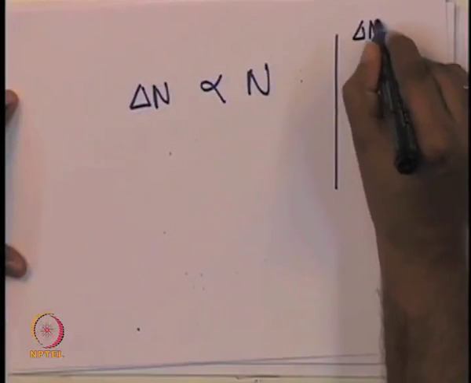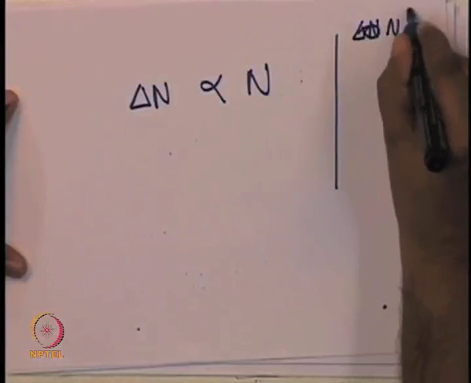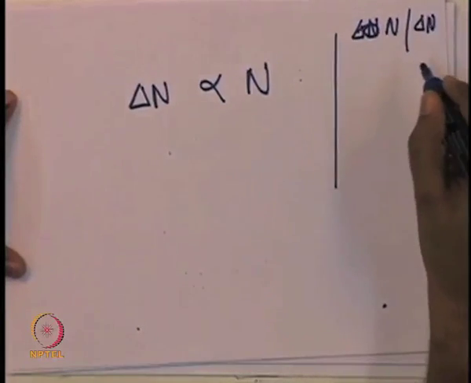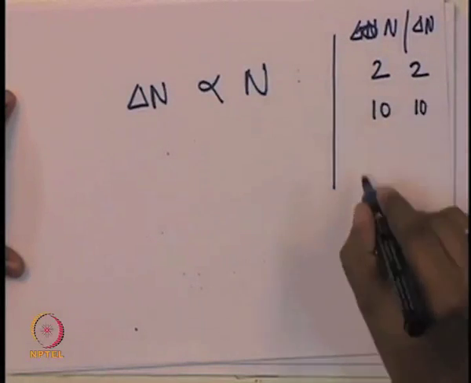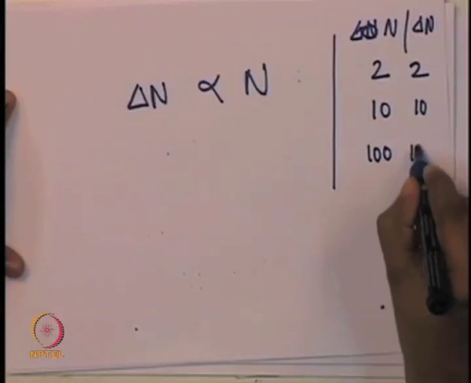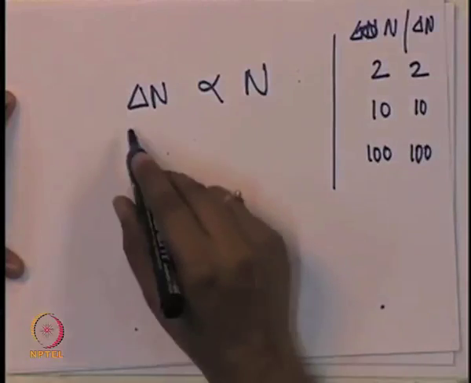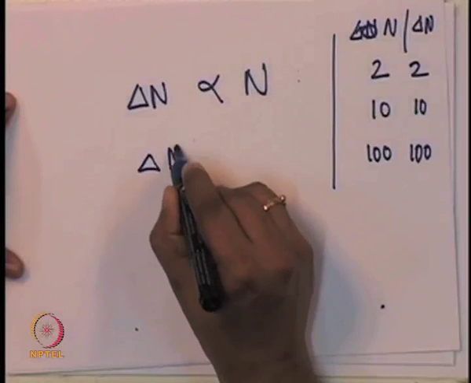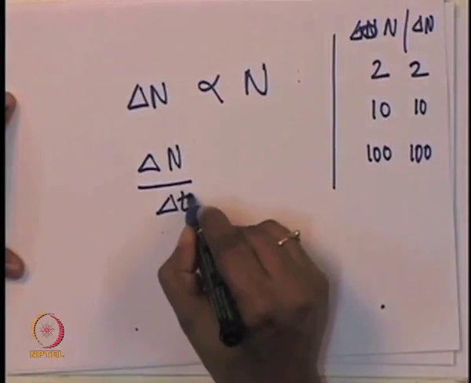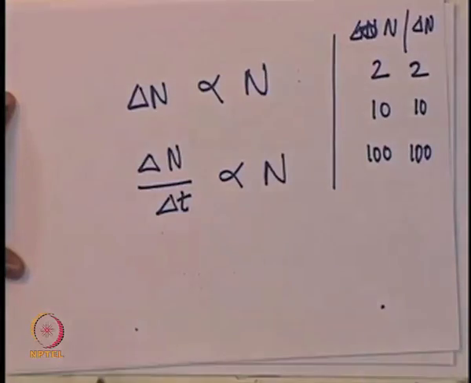We can say the delta n is proportional to the n itself. In other words, the change in number when the time changes increases with time.